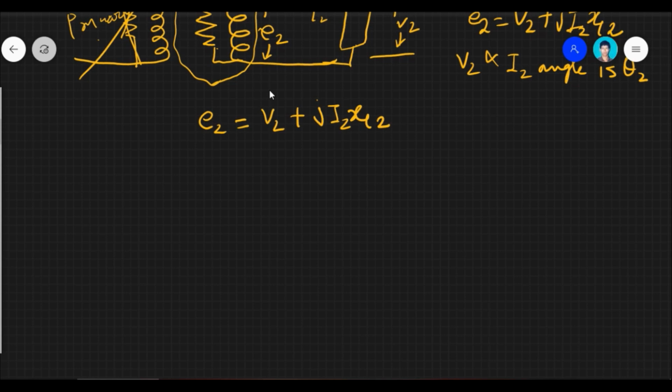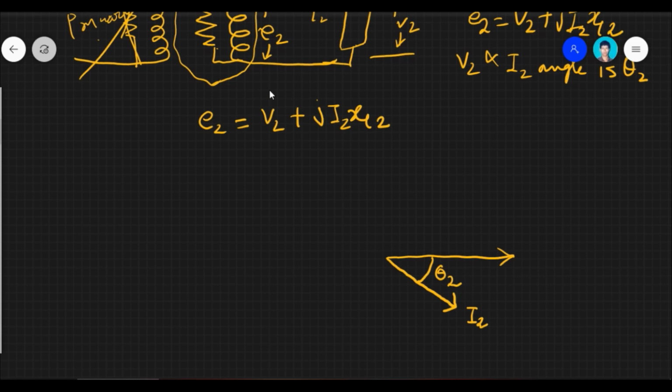As we are dealing with the secondary side, we will consider the secondary voltage as our reference. Now this is V2, then this is our I2. This is theta 2. Now we have to draw jI2XL2.